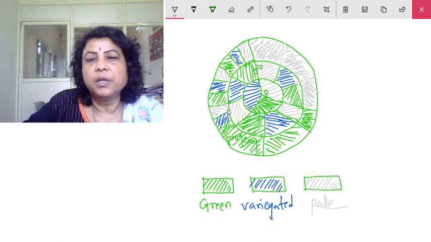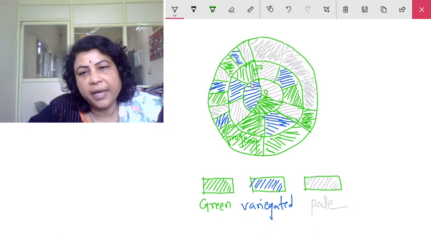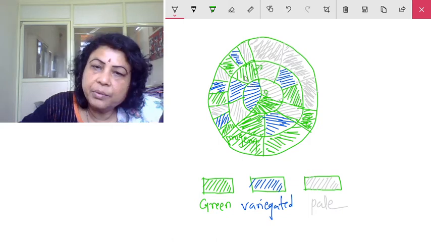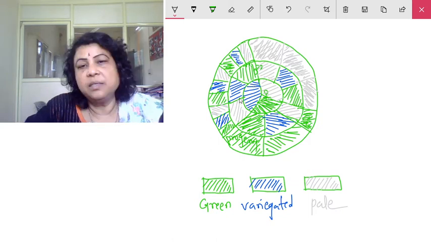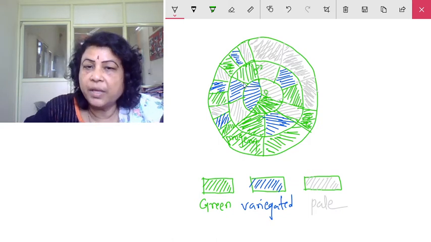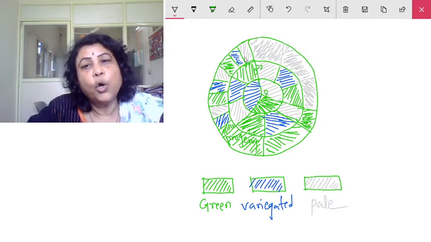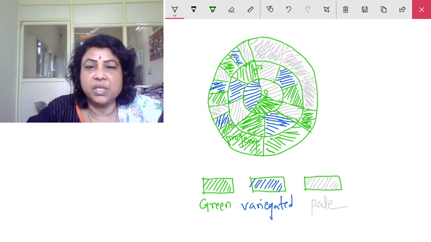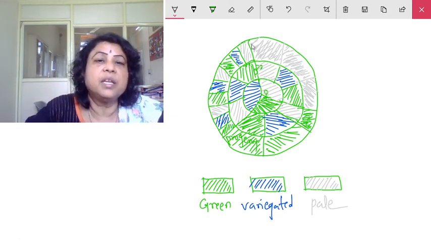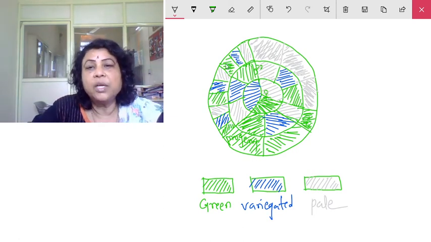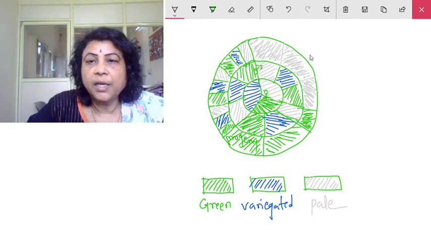When the female is from the variegated branch, and the pollen from any branch, whether green, variegated or pale, it produces all three types of progeny. So it is the cytoplasmic inheritance.